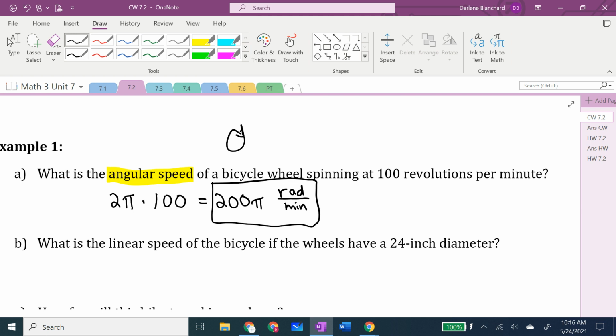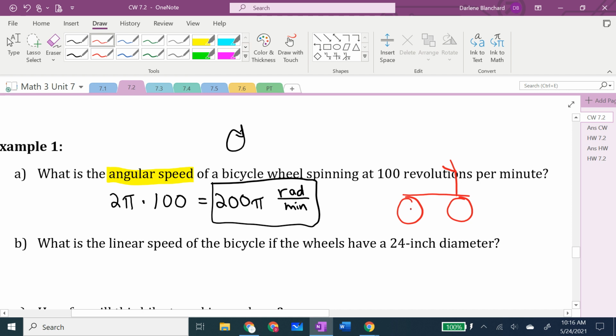so that's the first part. Next, what is the linear speed of the bicycle? So what we found in part A was the angular speed of one wheel. So here's 2 wheels of a bicycle. I'm going to draw a horrible bicycle, so just deal with it. I'm trying to just draw it quickly. So there you go. Bicycle.